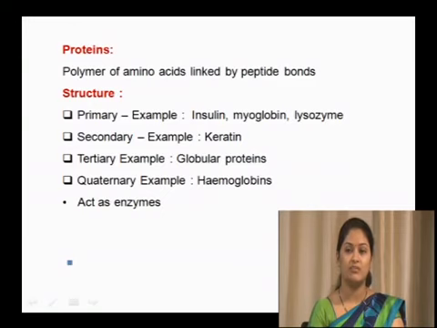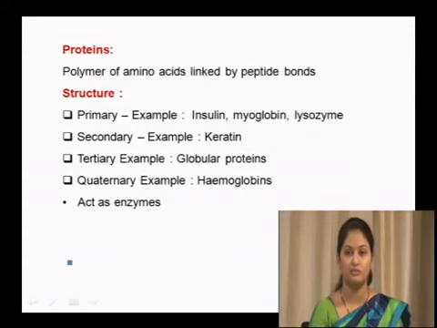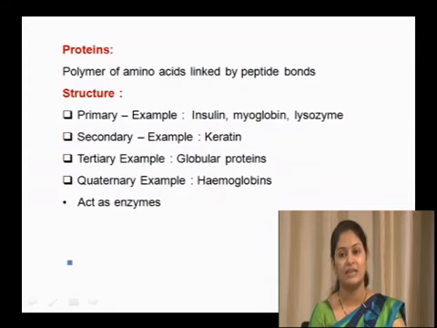Quaternary proteins are made up of more than two polypeptide chains associated with each other, for example hemoglobin, which contains polypeptide chains indicated as alpha chain and beta chain. The last function is also mentioned, a special and very important function of proteins: they also act as enzymes.